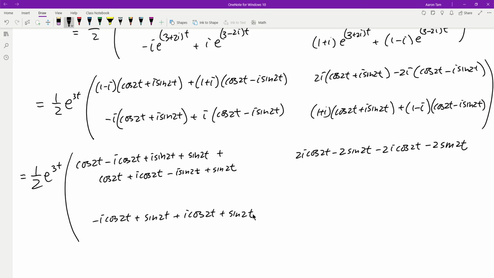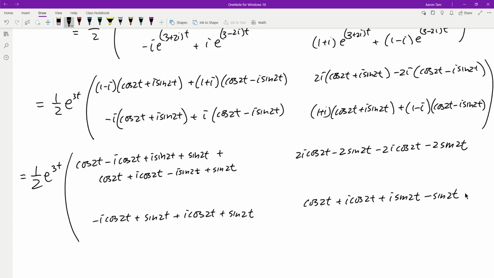As you probably already noticed, some of these things are going to cancel out. That's what usually happens if you do it right. So this is going to be cosine 2t plus i cosine 2t plus i sine 2t plus i squared, so minus sine 2t.